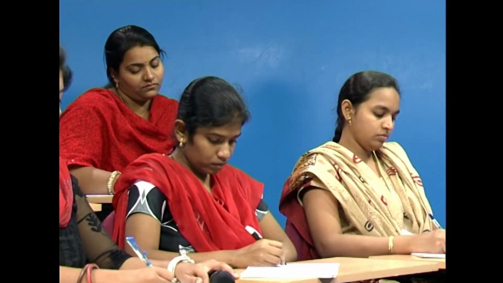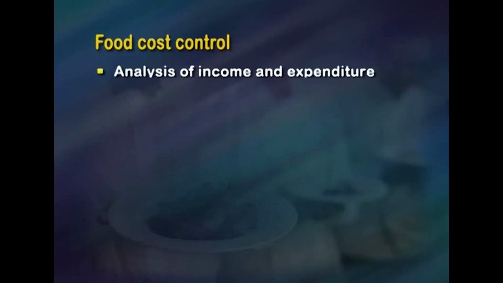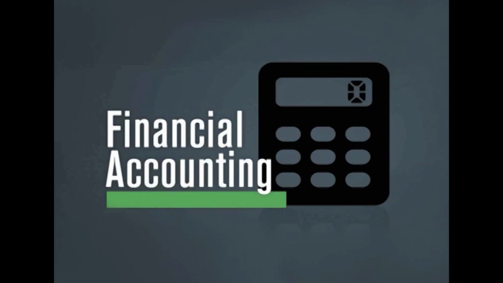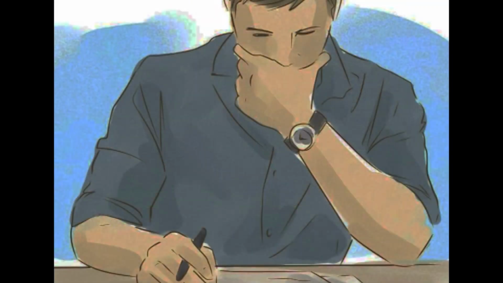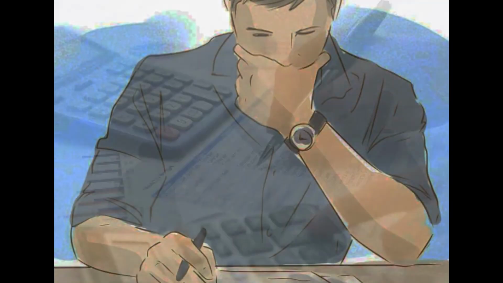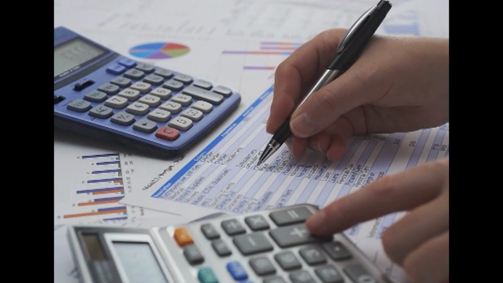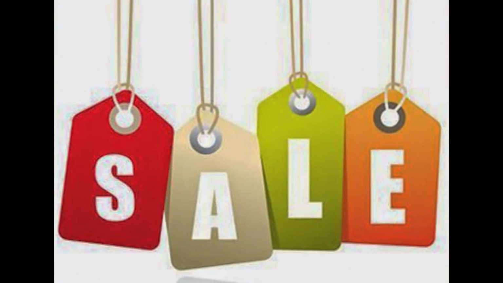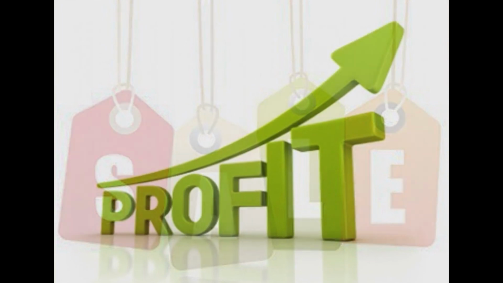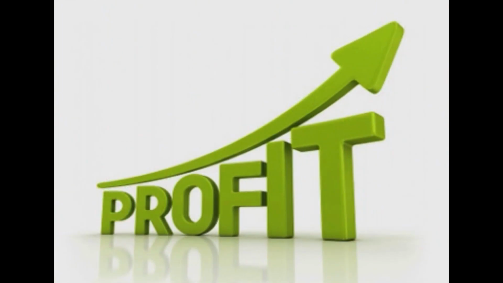Food cost control may be summarized as follows. Analysis of income and expenditure. In financial accounts, stress is usually placed on an assessment of total quantities, for example, sales, cost of sales, gross profit and net profit.